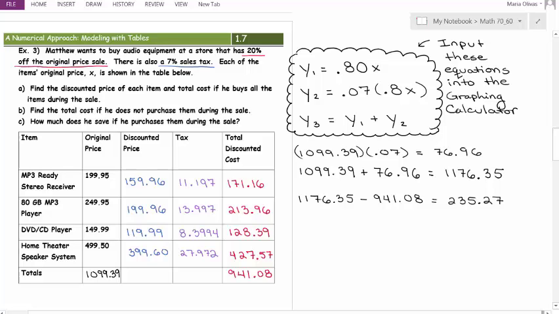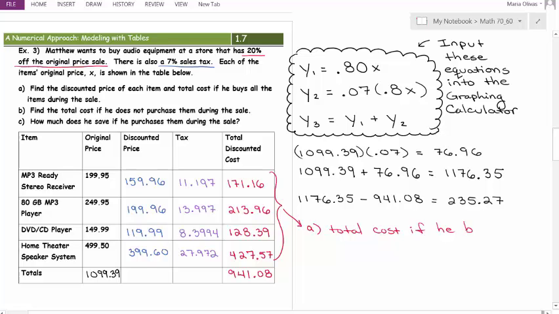Alright, let's go ahead and answer these questions in a nice sentence format. It's always nice to answer your question using a sentence. So I'm going to go ahead and write here the answer for part A. Find the discounted price of each item. We already have it written right here in the column. And the total cost if he buys all the items during the sale, let me just go ahead and write that out.